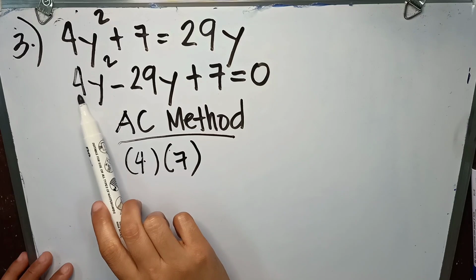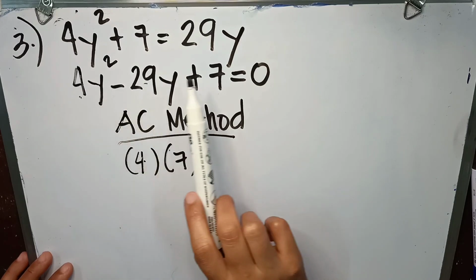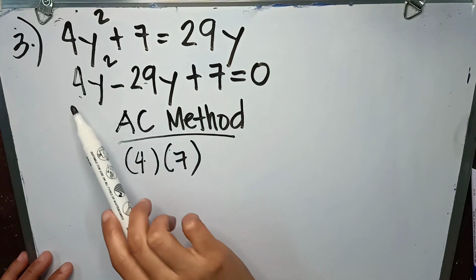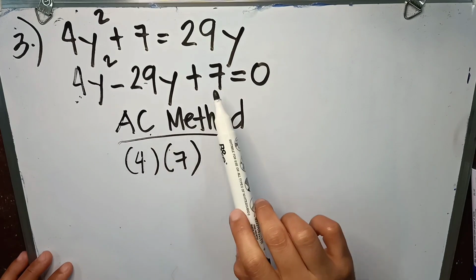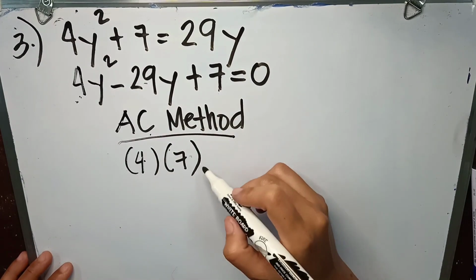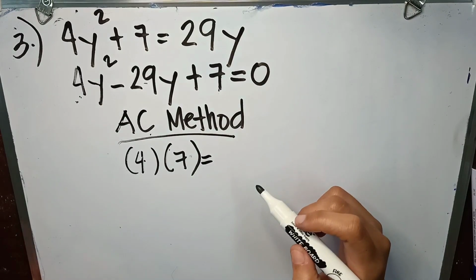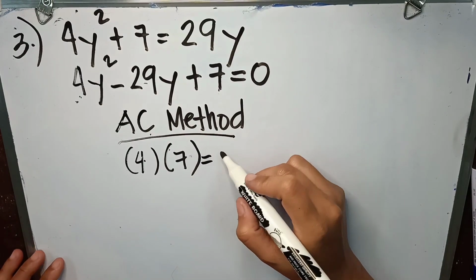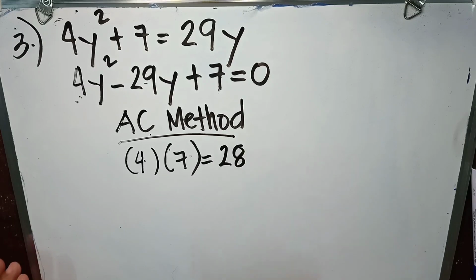We have A, B, and C. A is 4 and C is 7. Multiply the AC values. Our answer is 28. Next, what are the possible factors of 28?